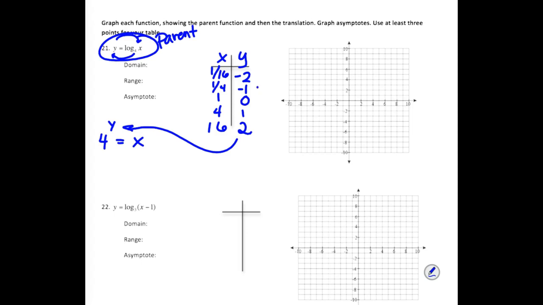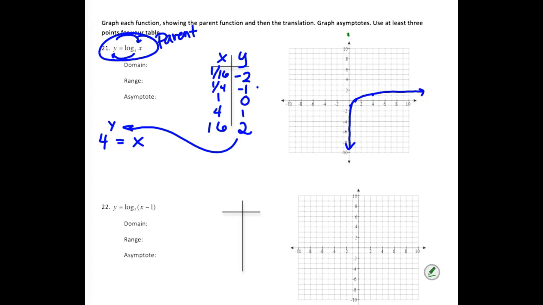My second point here, 1/4, negative 1. That means if I move to the right 1/4, I'm going to be down 1. I also have the point 1, 0 and the point 4, 1. So a very typical log graph that hasn't been transformed is going to come up following along the y-axis and then curve off to the right.